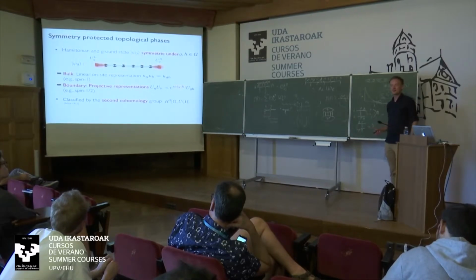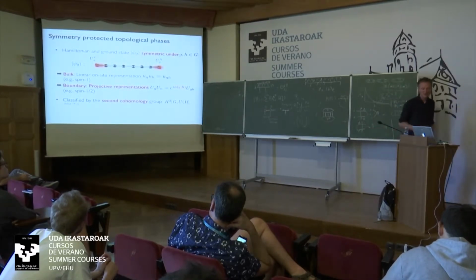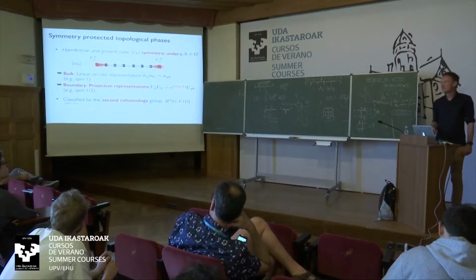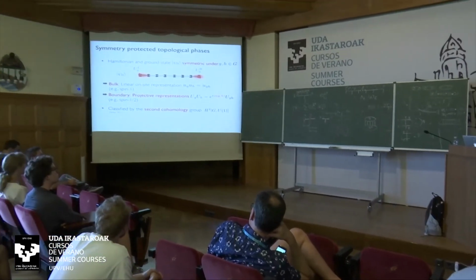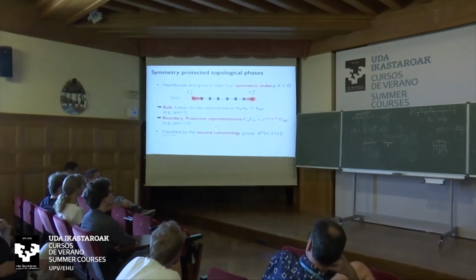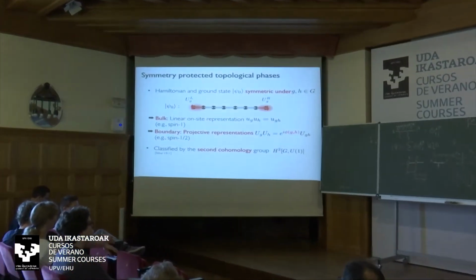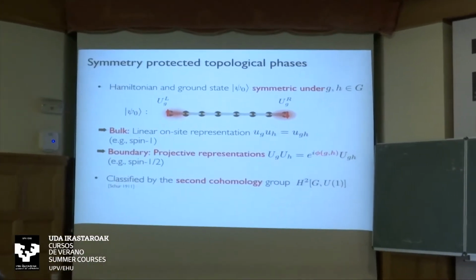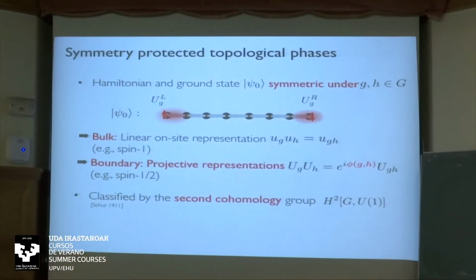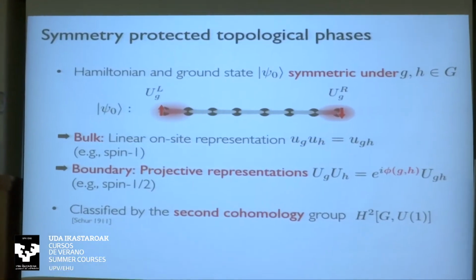So this is, at the moment, a purely mathematical statement. All the ingredients: we choose a group that we like, we write down projective representations, which are just regular or linear representations modulo some phase factor, and then there's a way to classify these different representations.